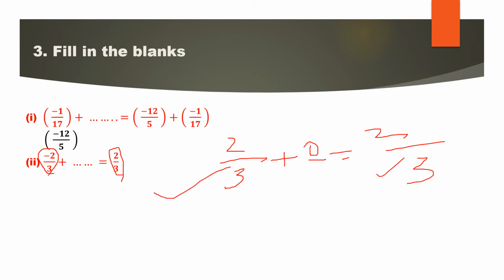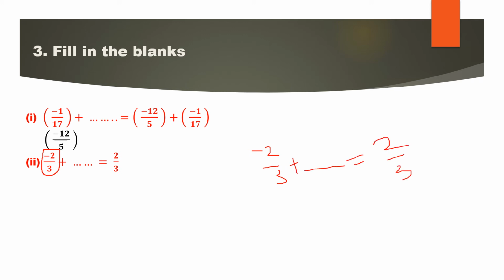Suppose my question were 2 by 3 plus dash equal to 2 by 3, then you can write 0 directly, because the answer is also 2 by 3, which means if you add 0 then only you will get 2 by 3, right? But here my question is minus 2 by 3. Don't get confused here. So minus 2 by 3 plus dash equal to 2 by 3. How will you get this?